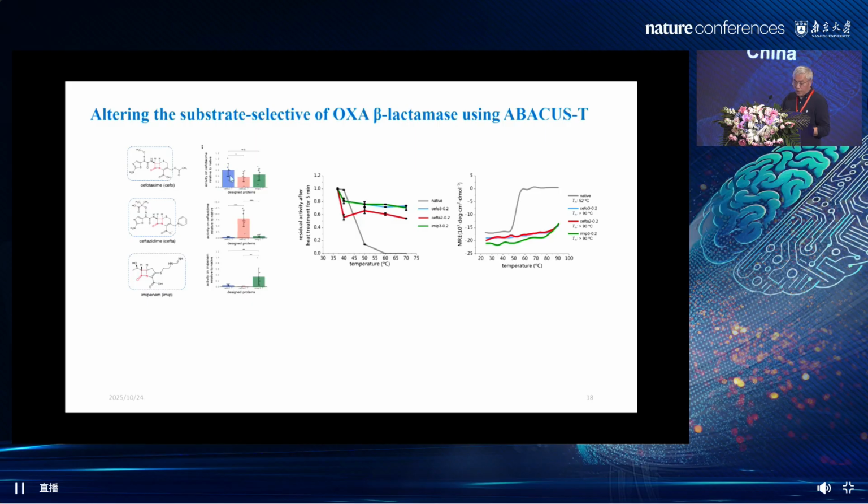And these are the selectivities showing the redesigned enzymes relative to the wild-type activity on different substrates. We see that indeed we can shift the activity for these two ligands. We are not 100% successful, but we can partly shift the substrate selectivity. Again, we see significant improvement in thermal stability of all the redesigned enzymes.